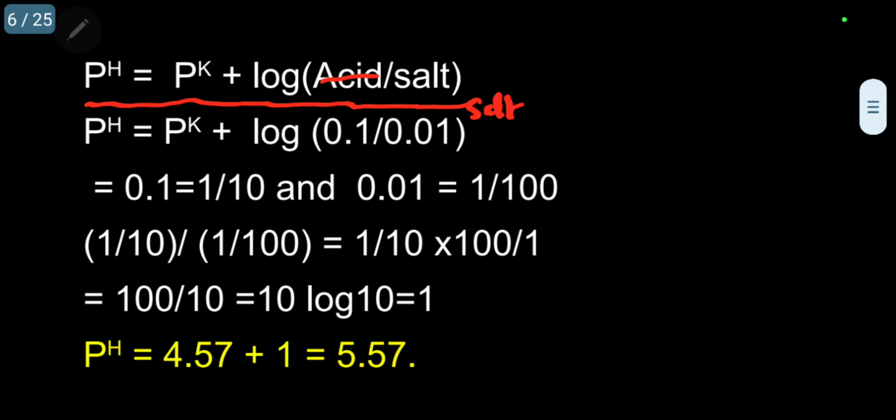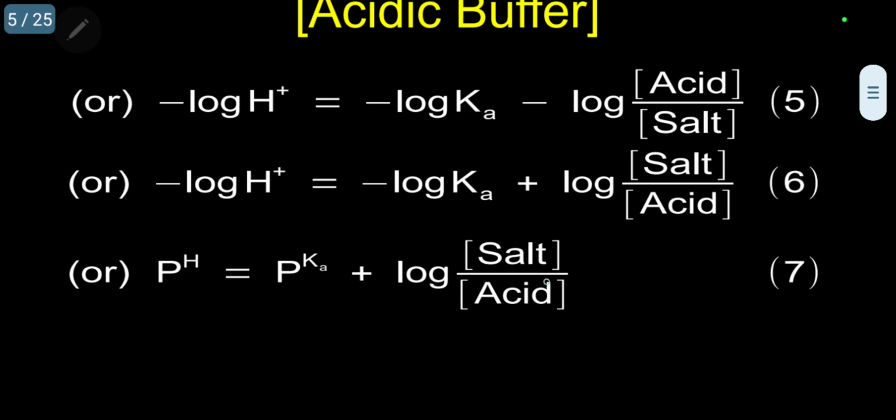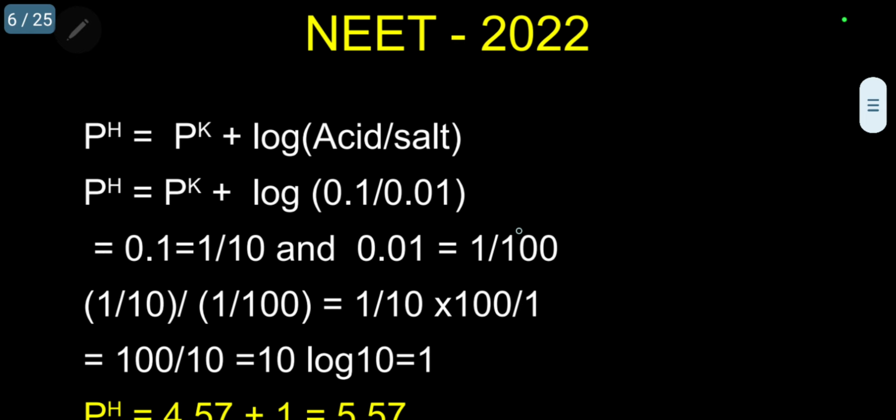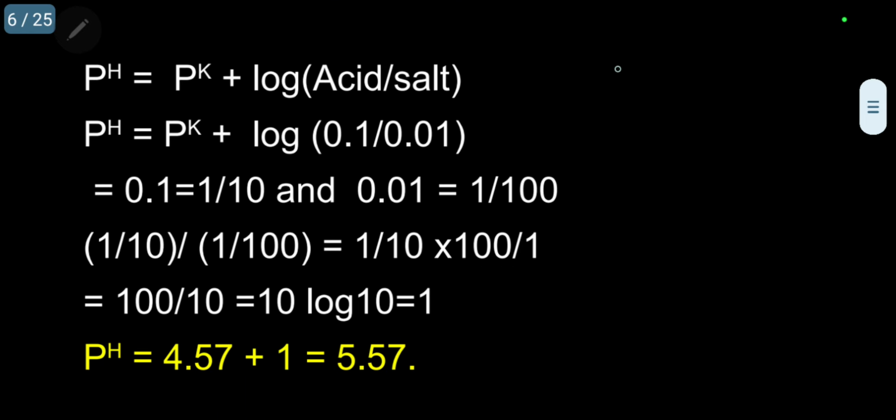Kindly follow: it is salt by acid. It is given wrongly typed in the question, so it is salt by acid. Now substitute the values: pH equals pKa plus log, salt value 0.1, acid value 0.01.